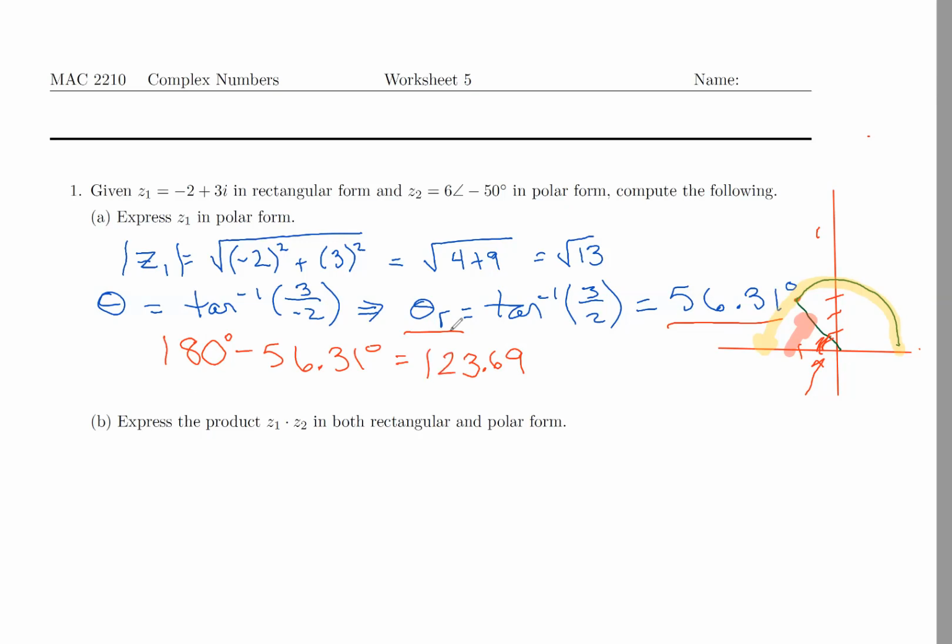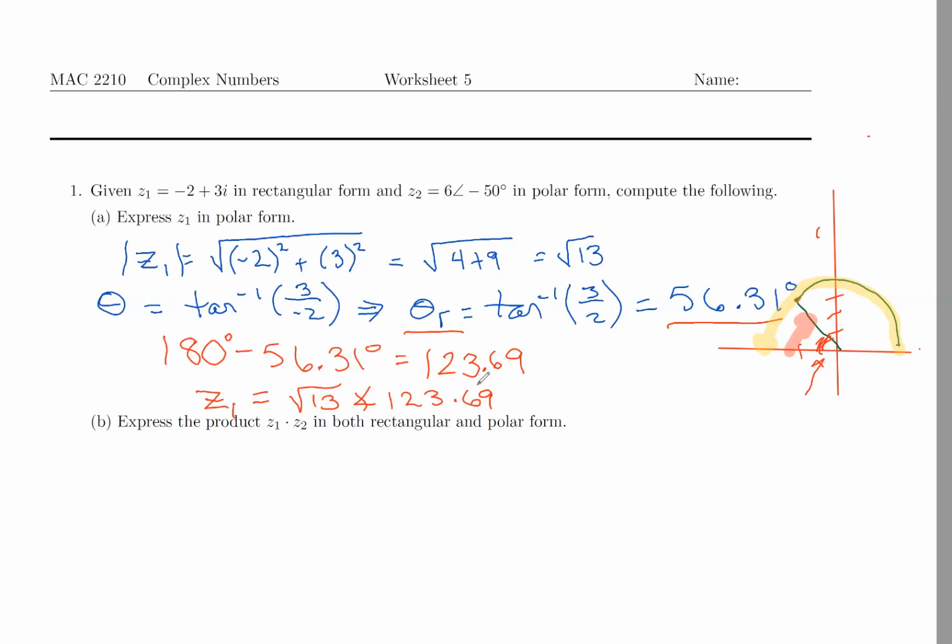In polar, Z1 is equal to the square root of 13 at an angle of 123.69.